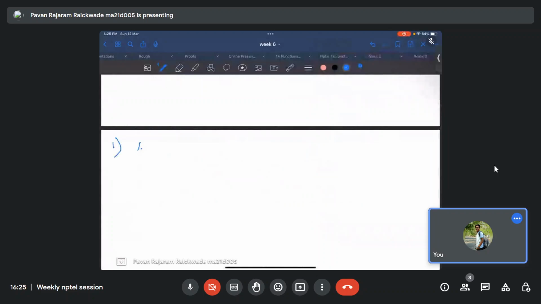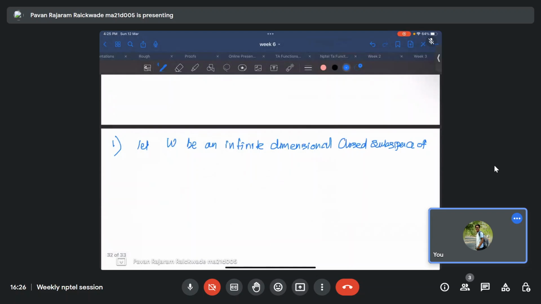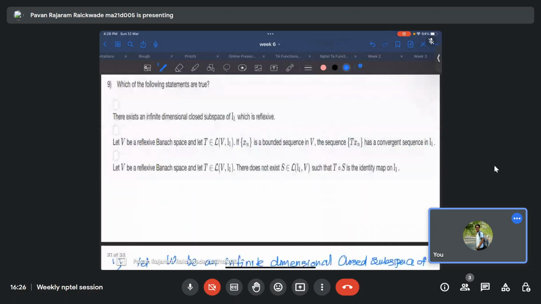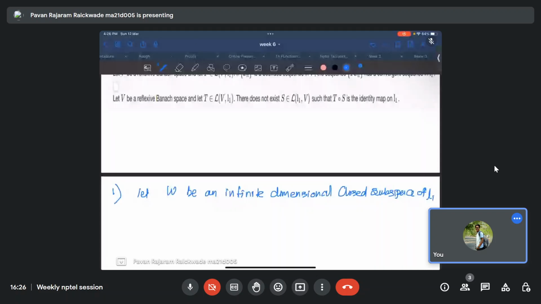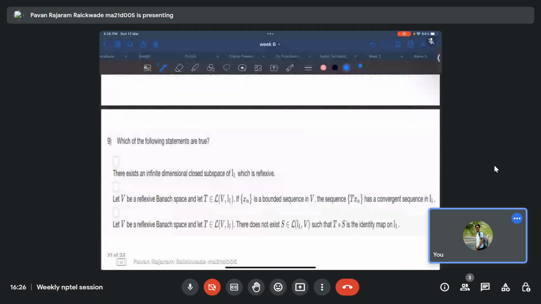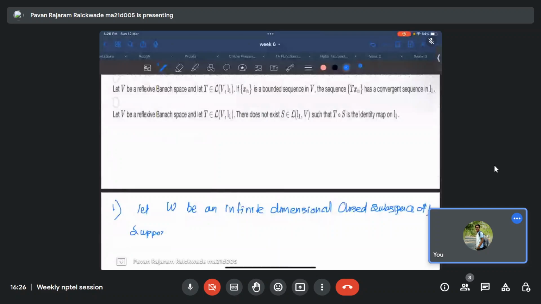Let W be an infinite dimensional closed subspace of L1. Suppose W is reflexive.